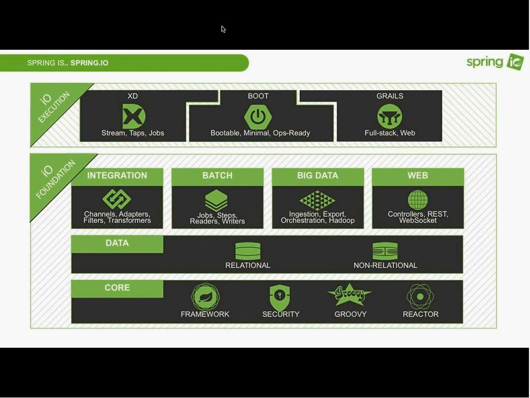To help with that search, to help better categorize our technologies, we've come up with this logical grouping called Spring I/O. So Spring I/O is our platform. At the top there, we have the execution layer. The execution layer describes the vehicles we imagine people are going to use to begin with the platform, and they also describe things in particular that have a process.